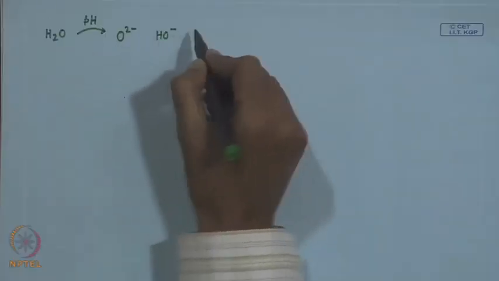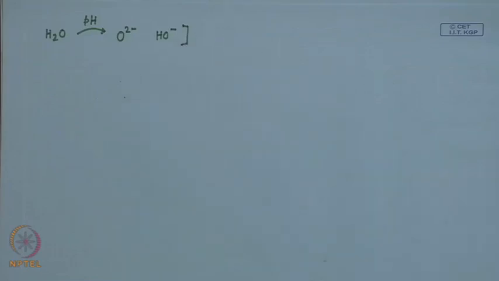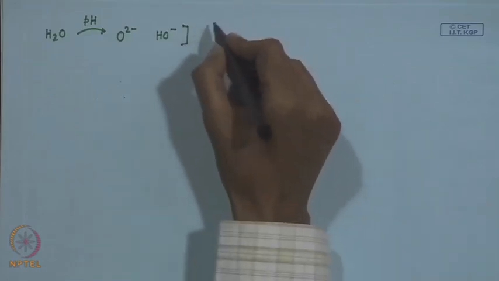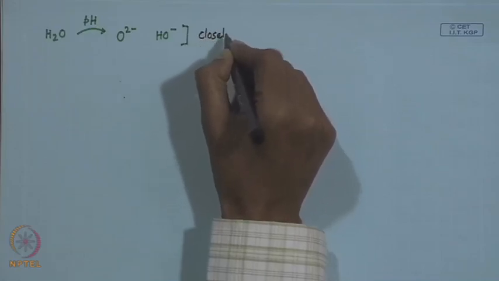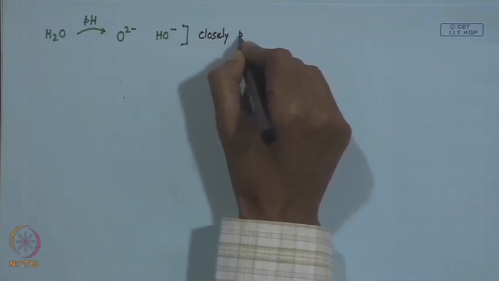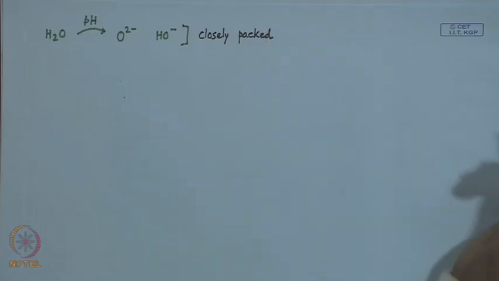So, these two groups, O2- and HO-, are closely packed. They are basically the regular spheres, what we know from the structure of different minerals like hematite and magnetite.